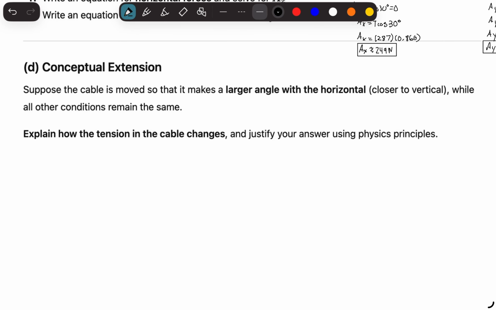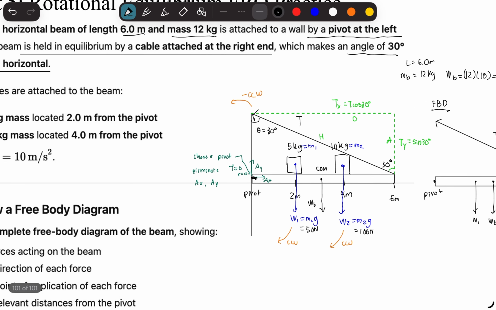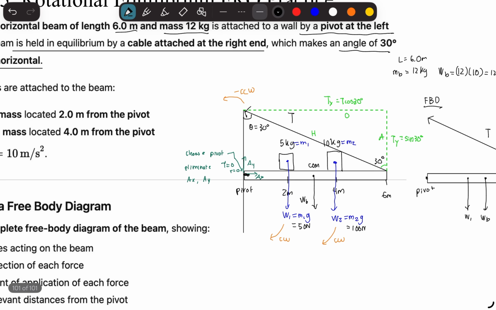Suppose the cable is moved so that it makes a larger angle with the horizontal and is closer to the vertical, while all conditions remain the same. Explain how the tension in the cable changes and justify your answer using physics principles. We want a larger angle with the horizontal.